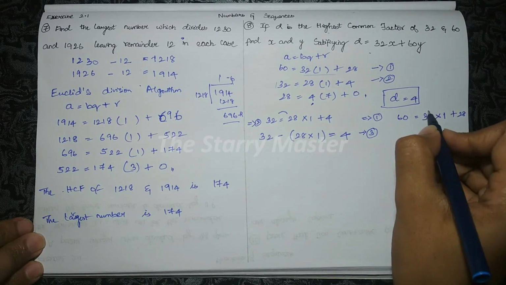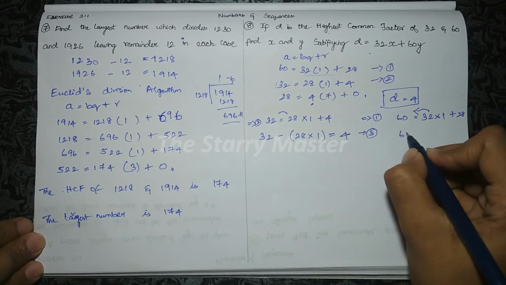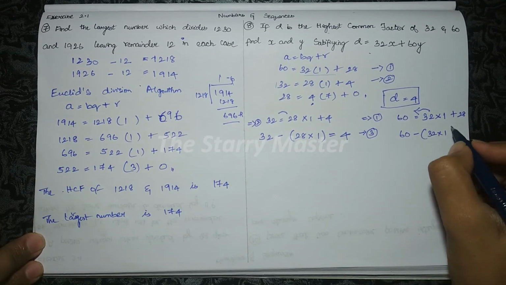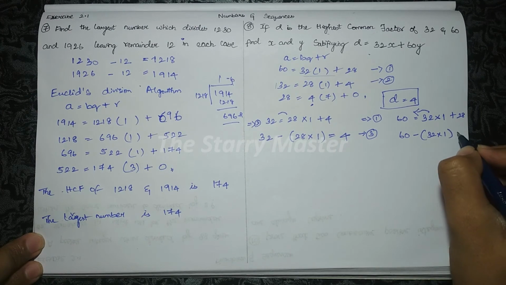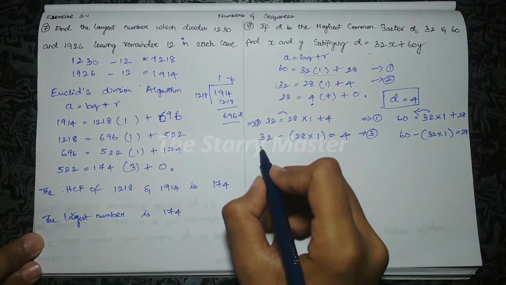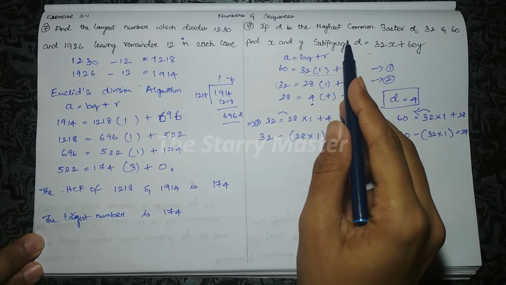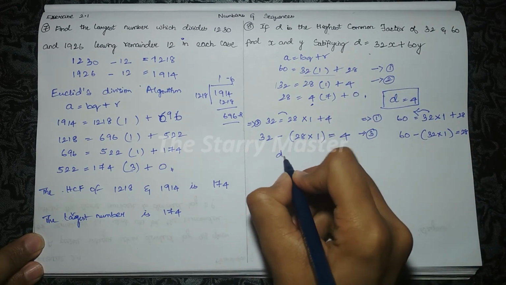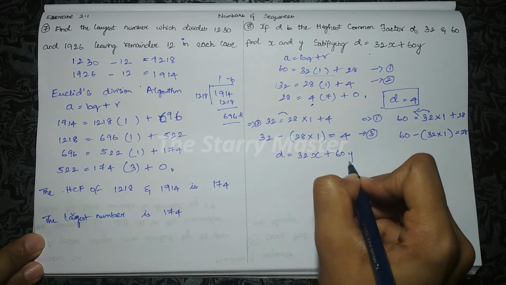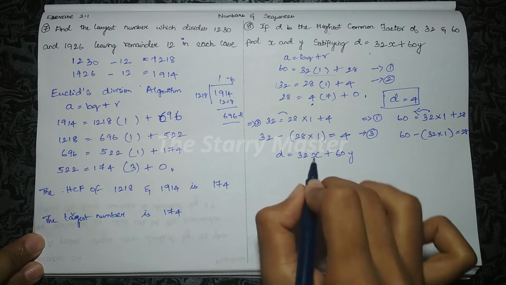So we take this value here: 60 minus 32 into 1 is equal to 28, the 28 remains there itself. Then we have to find this in the format d equals 32x plus 60y. We have to take 32 and 60 in this format.